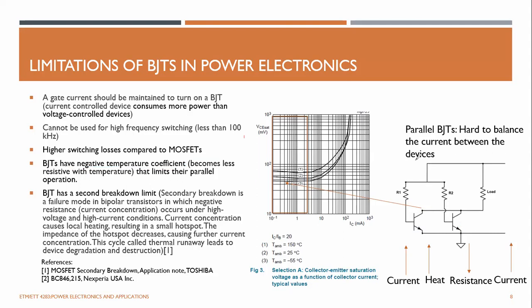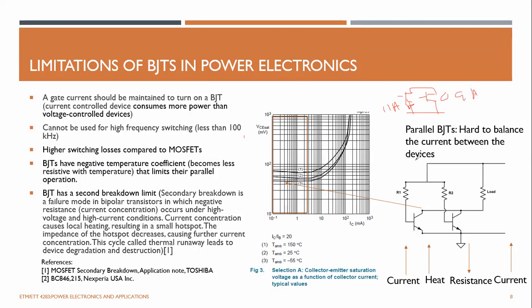I will explain it in the MOSFET case. So assume you have two MOSFETs. A MOSFET acts completely differently compared to the BJTs. So if this guy is driving a large current, let's say 1.1 amps, and this guy is 0.9 amps.